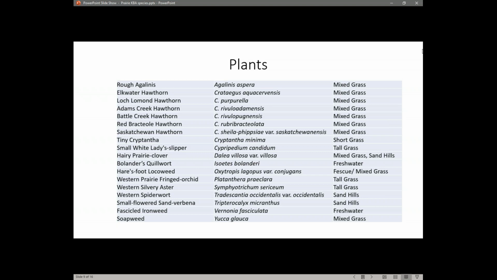Some are tall grass species, even though our tall grass prairie area was too small to qualify as an ecosystem KBA. We still have a number of species that are signaling that it is a key biodiversity hotspot. We also have some freshwater plants in there that have been identified.